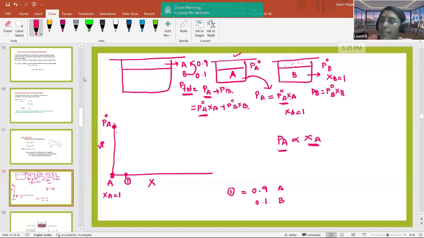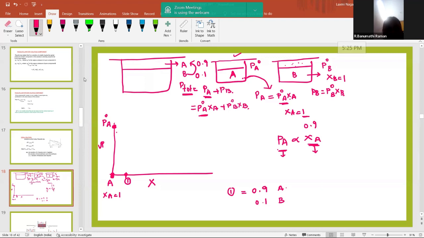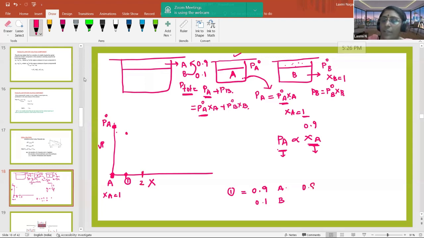So if chi A has come down from 1 to 0.9, the PA will also come down. So what is the new PA? PA is a slightly lower value. Then we go to another composition, composition 2, where it is 0.8, 0.2. It will also come down.